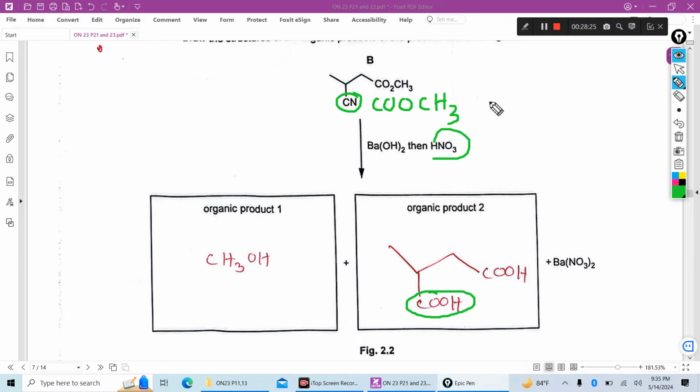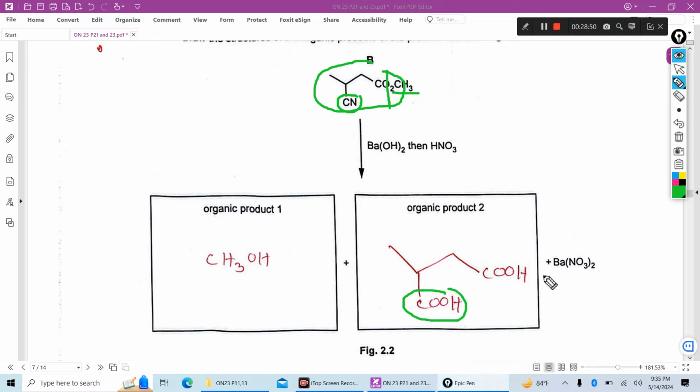The CH3 is the alcohol part, so methanol will be formed. The other product will be carboxylic acid. So ester hydrolysis produces alcohol plus carboxylic acid, and the CN group is also converted to a COOH group, plus barium salt.